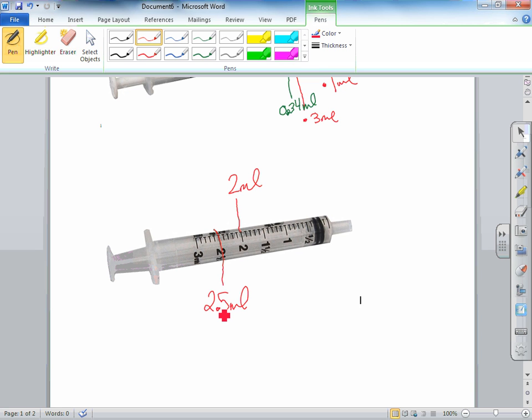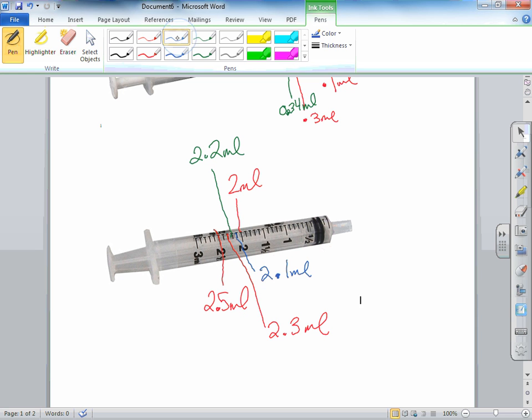So that means that the next line under the 2 is 2.1 milliliters. The next line after the 2.1 is 2.2 milliliters. You guys see where I'm going with this? The next line after the 2.2 milliliters is, if I'm drawing, I hope you guys are following, 2.3 milliliters.